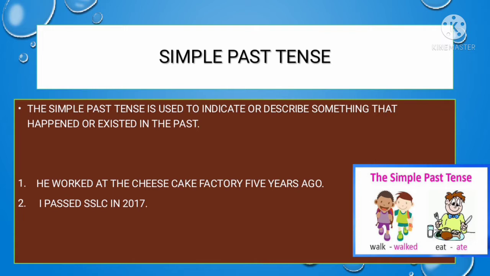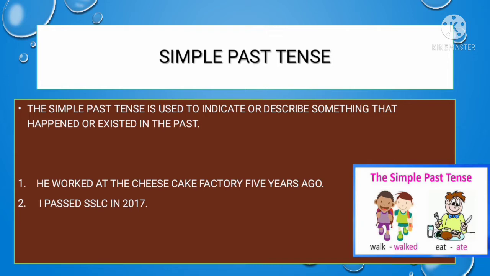Again, I passed SSLC in 2017. 2017 is no more now; now we are living in 2022. So it shows past, and we know exactly when it happened. That's why we use simple past tense. Suppose we don't know when it happened, then we use present perfect. That's the difference between simple past and present perfect tense.